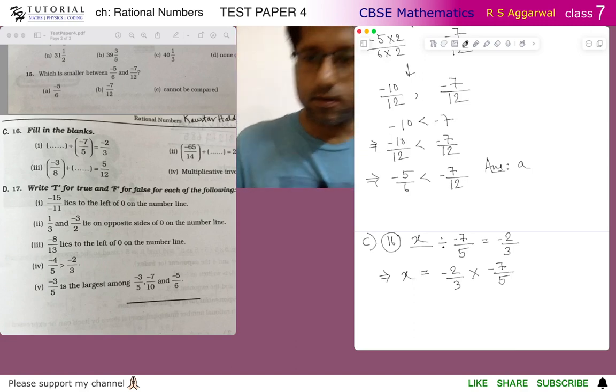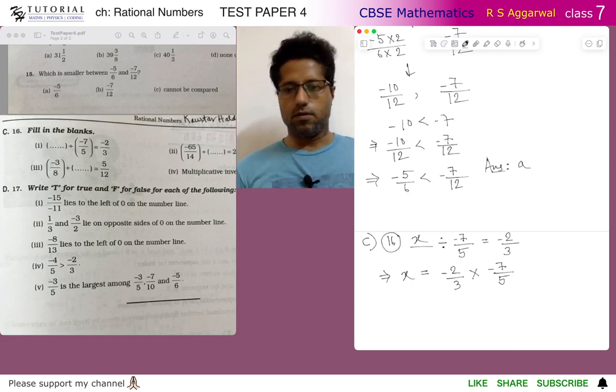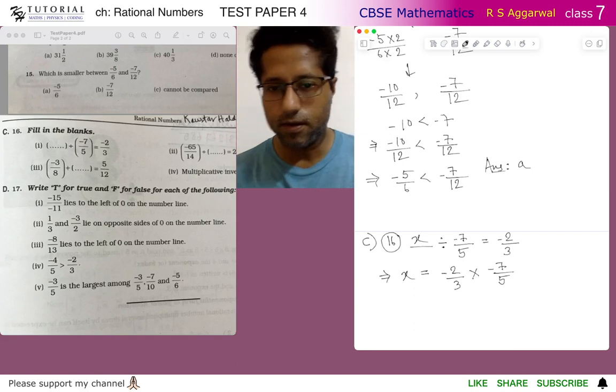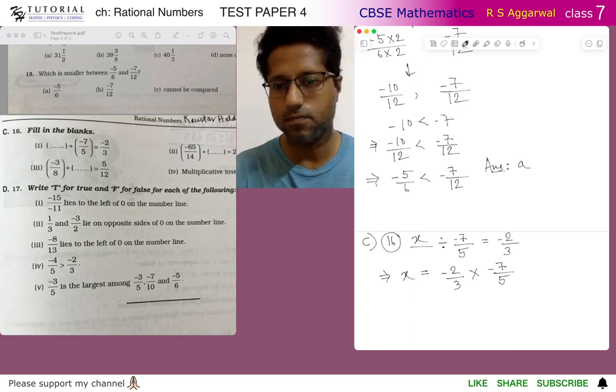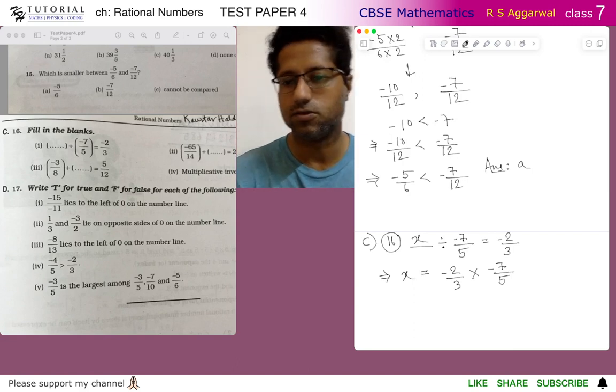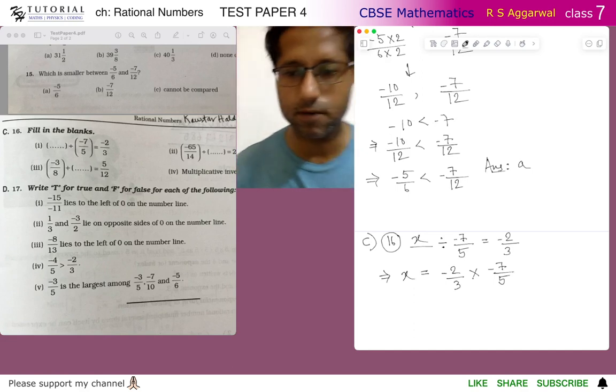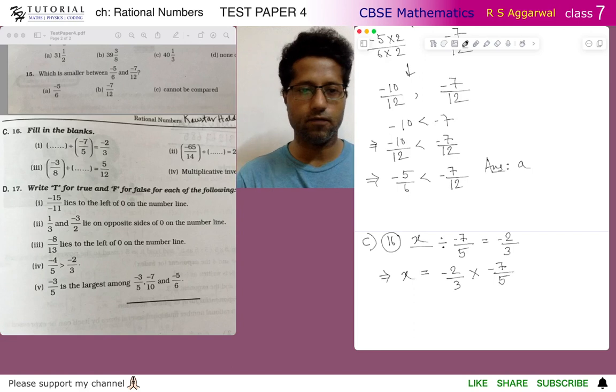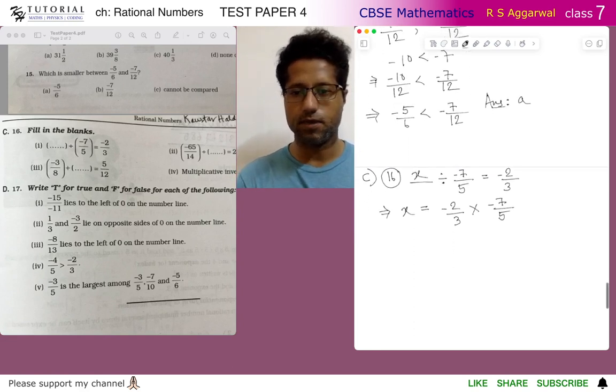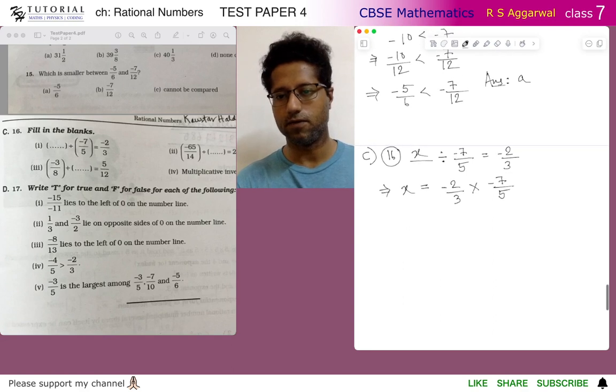Here you are given x, you are dividing x by minus 7 by 5, and the result is minus 2 by 3. So definitely x will be minus 2 by 3 multiplied by minus 7 by 5. So we have to find this, minus 2 by 3 multiplied by minus 7 by 5.